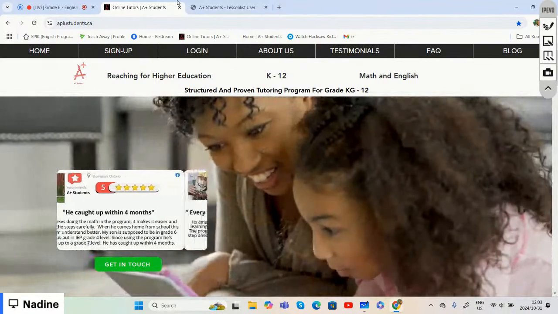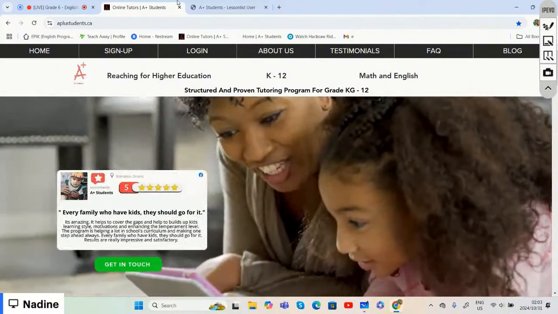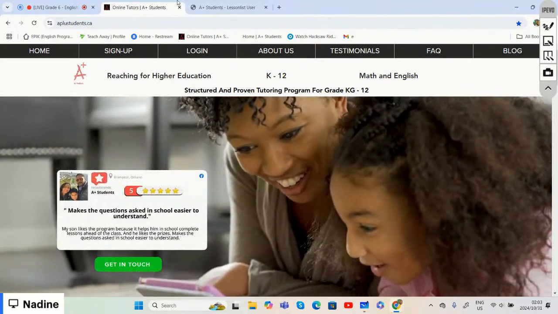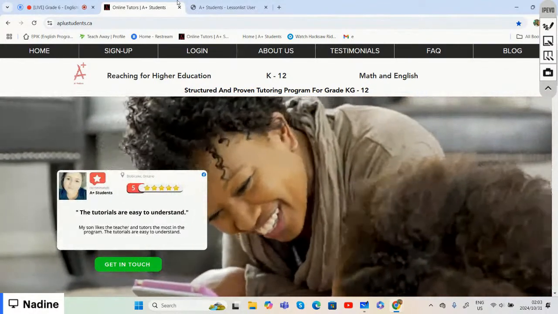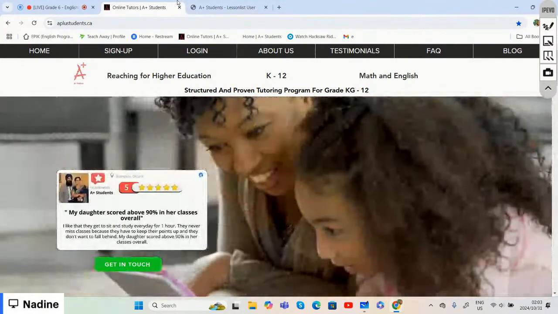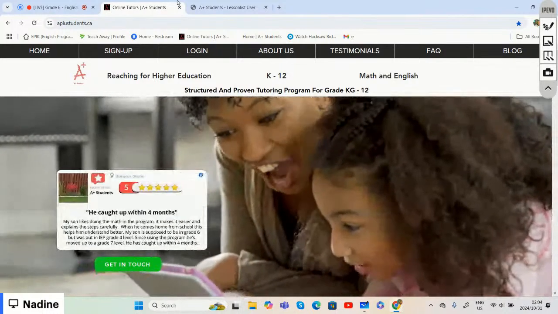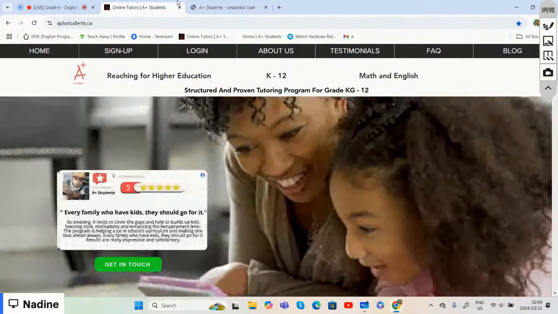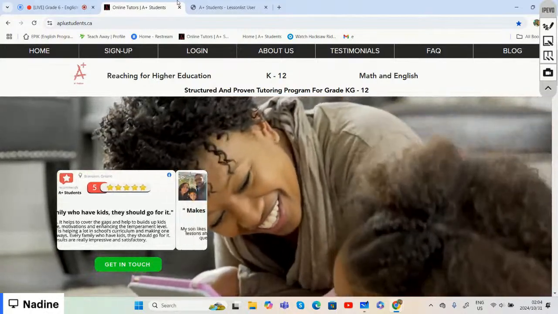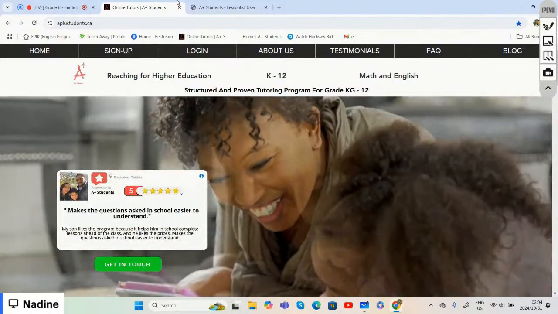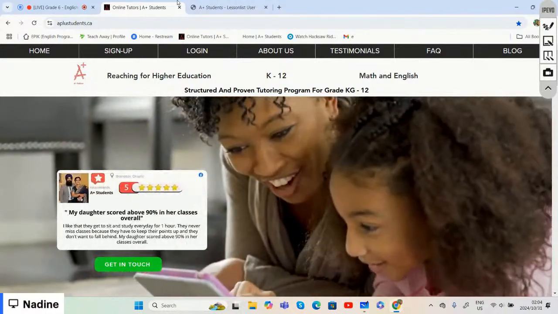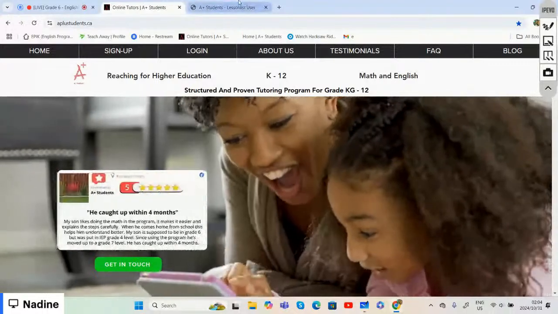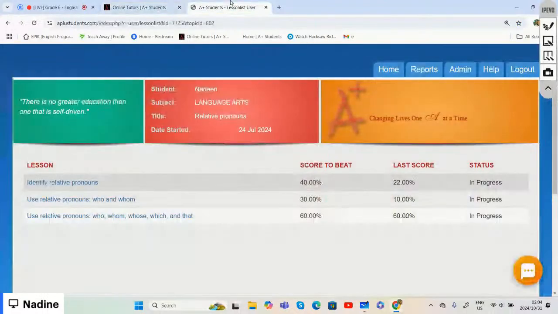We're doing grade 6. Then we're going to scroll down until we get to our chapter, relative pronouns.